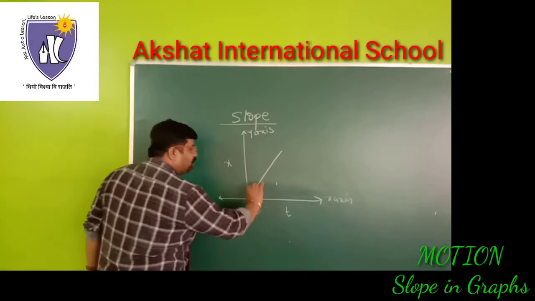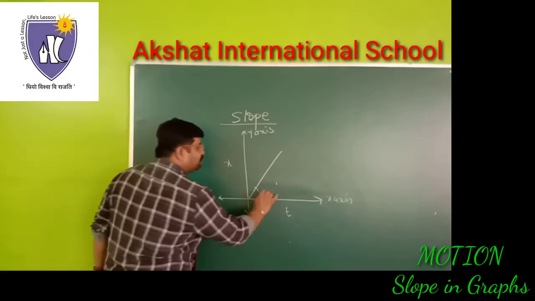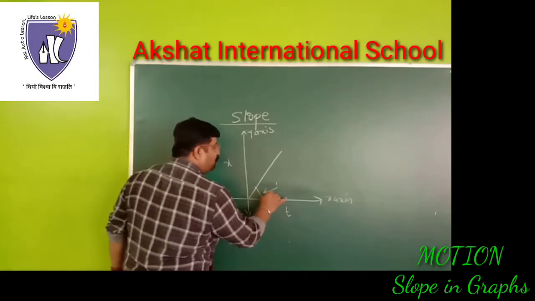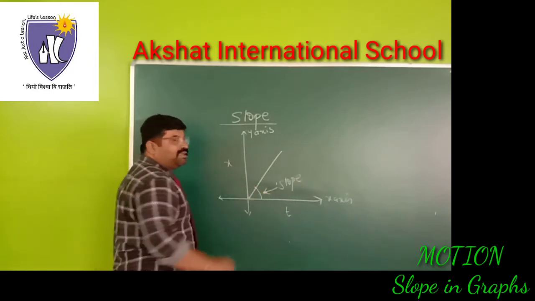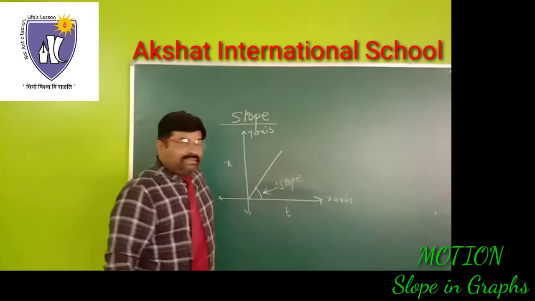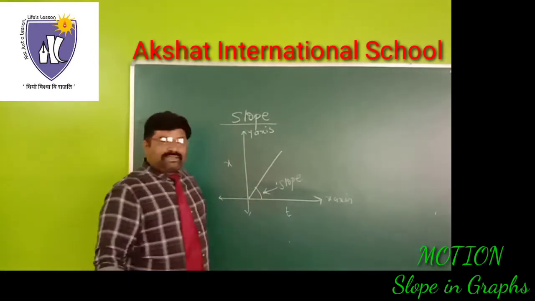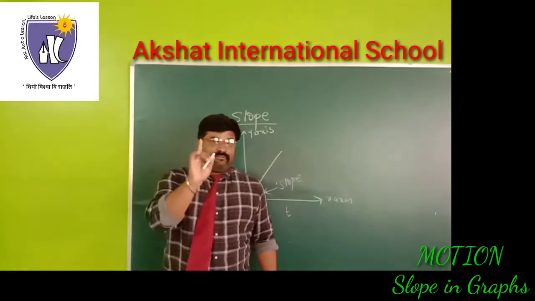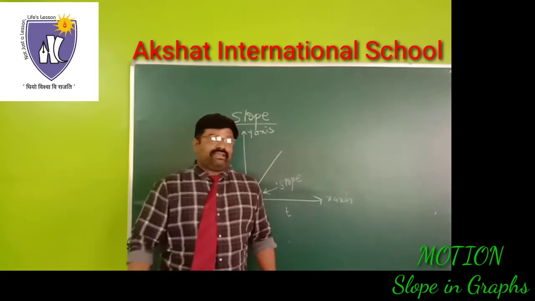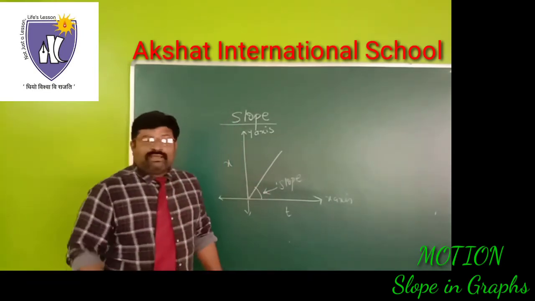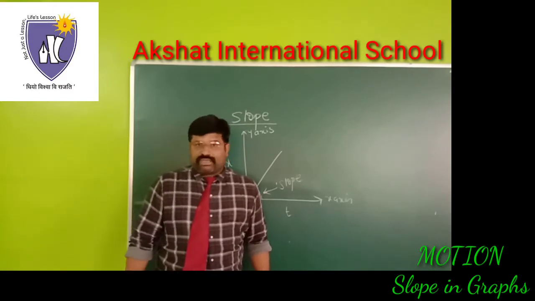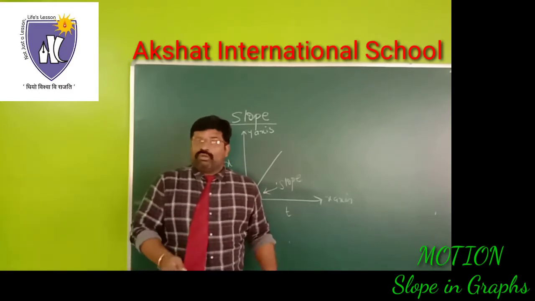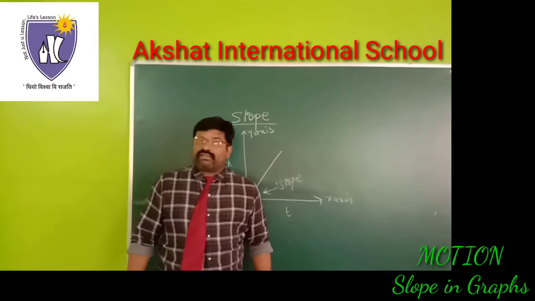This is called the slope of the distance time graph. Be careful, in a distance time graph, this slope represents the speed of the object, that is how fast the object is moving.